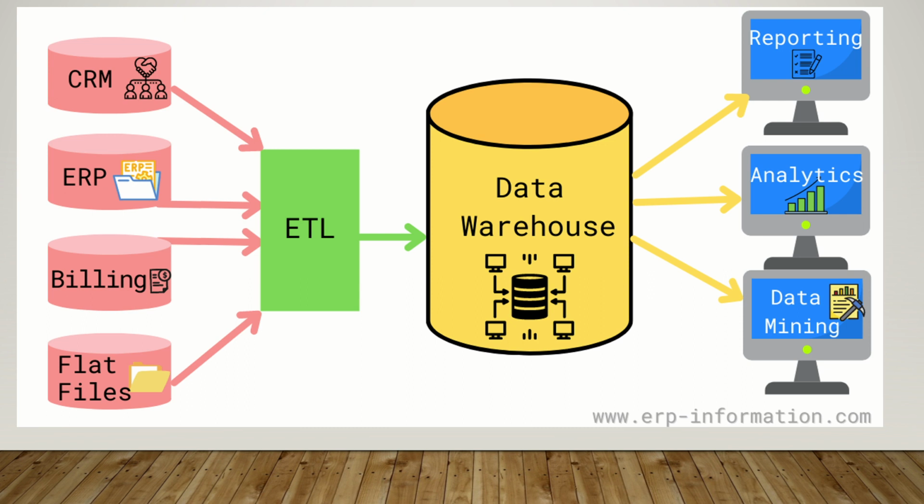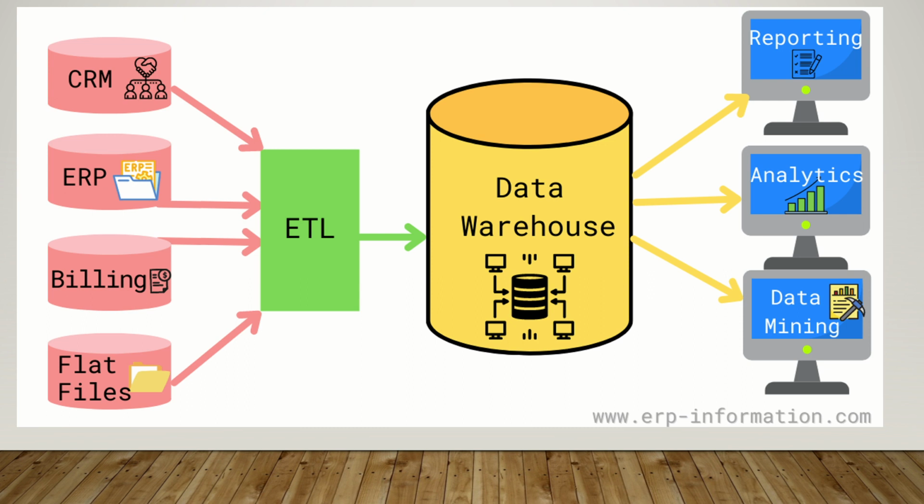Second one is the ERP. ERP refers to enterprise resource planning, covering all the planning of the resources of the enterprise, where the data is collected and transferred to the ETL. Next is billing, and flat files, that is the documents required, which will be sent to the ETL.